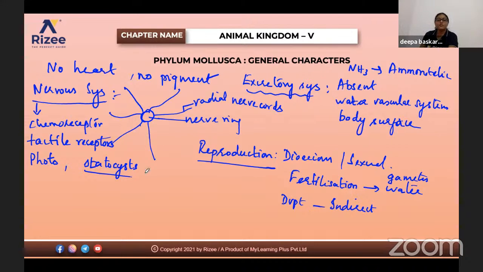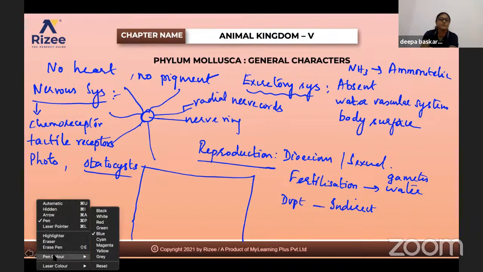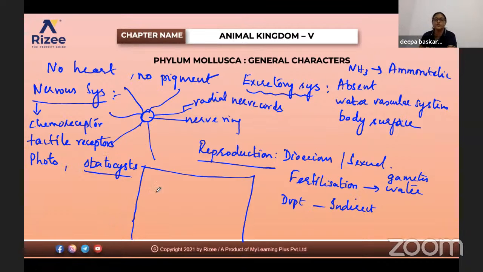Let me give some of the names of larvae. Different organisms produce different larvae. If you see Holothuria, the larva name is Auricularia. Asterias produces Brachiolaria larva.